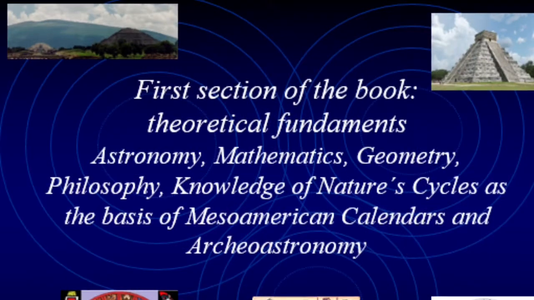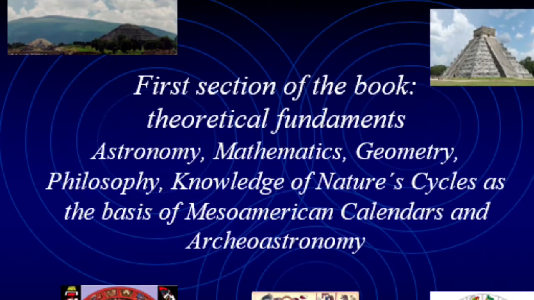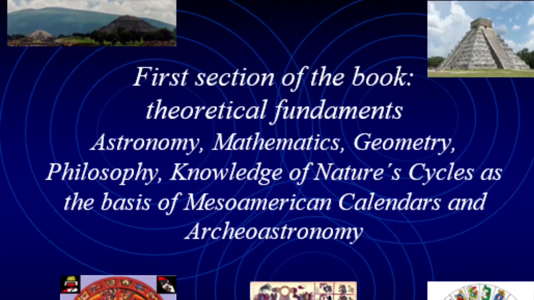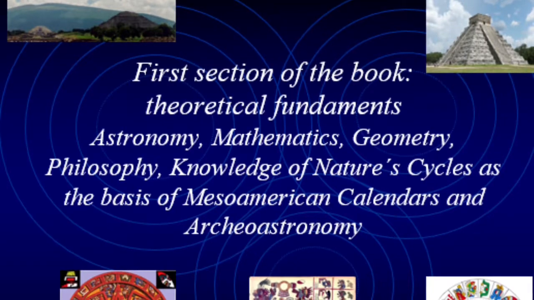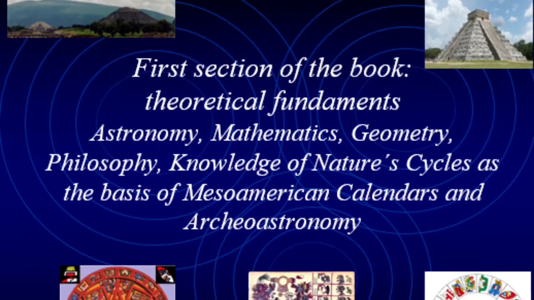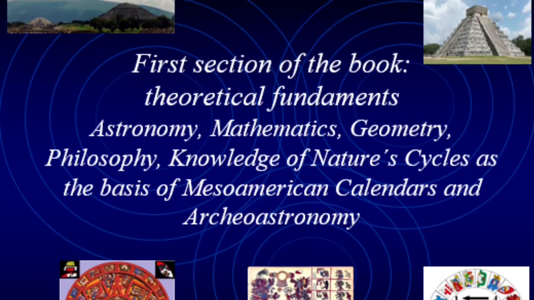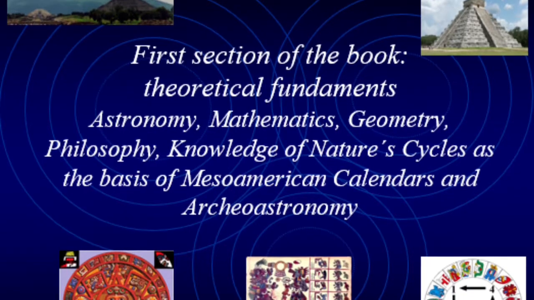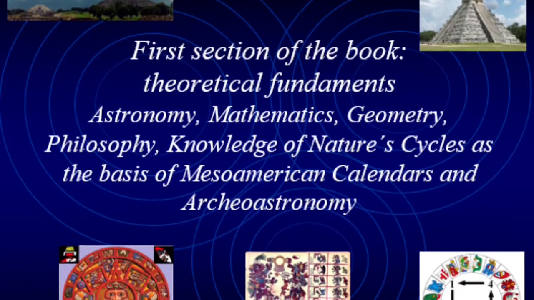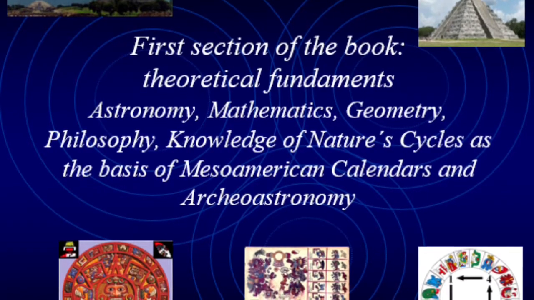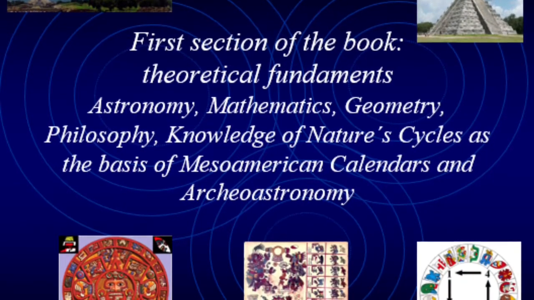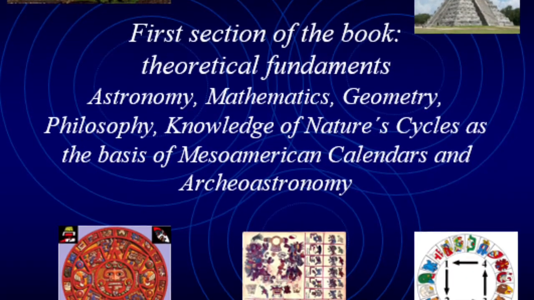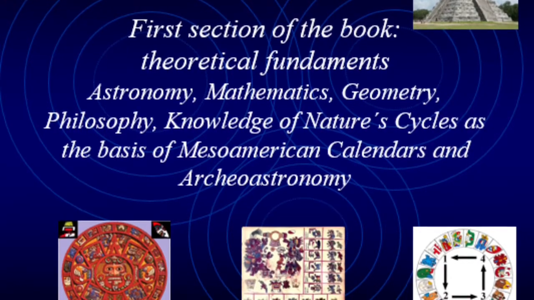So, in order to wrap up, the first section of my book is dedicated to the theoretical fundaments that speak about astronomy, mathematics, geometry, but also philosophy, the knowledge of nature's cycles, as the basis of the Mesoamerican calendars, and of course this beautiful discipline known as archaeoastronomy, that is the relationship between the archaeological sites and the orientation of the buildings in order to watch certain astronomical bodies.